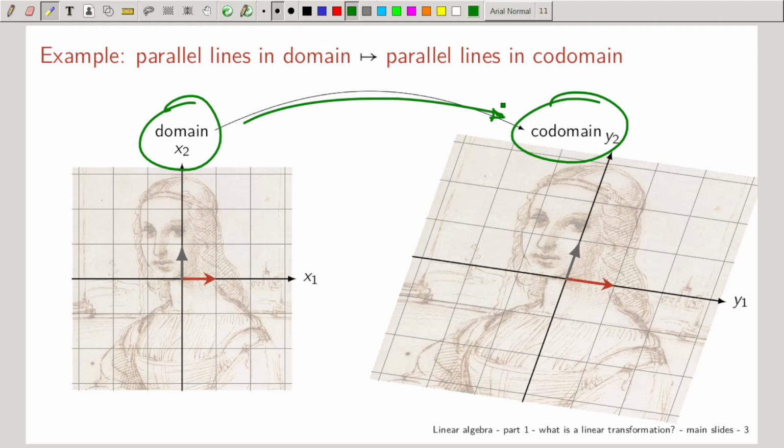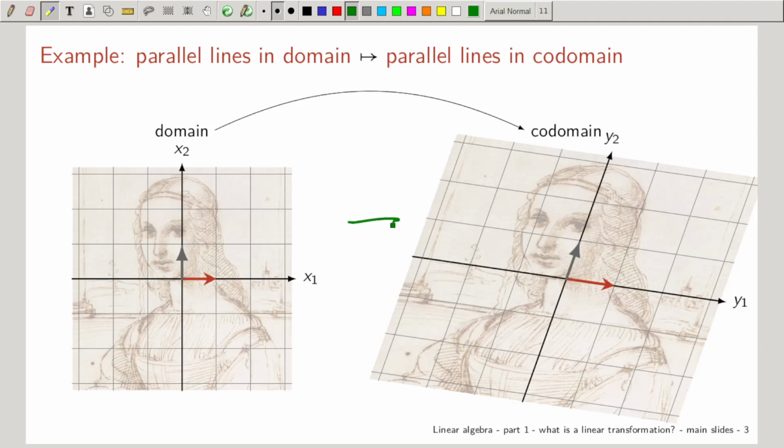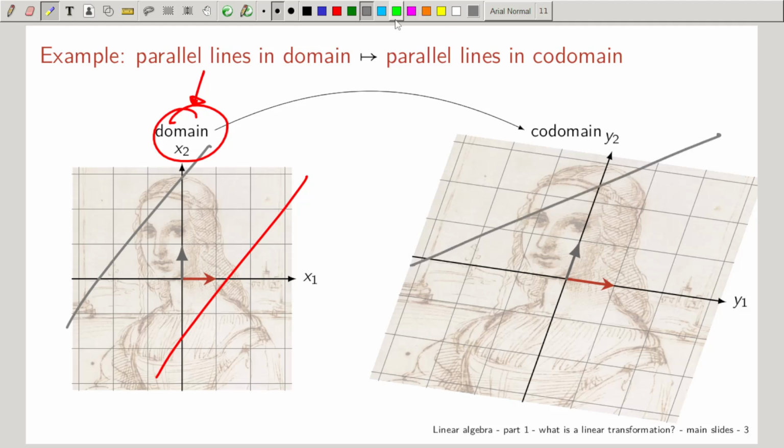How much are we together up to now? Perfect. Look at this, this is a specific stretching. True? If I take this line and this line in the domain, are they parallel? Yes. True? If I look in the codomain, how do they look like? Now I'm gonna draw them in a bad way, but I hope they are the right ones. Yeah, they are kind of the right ones.